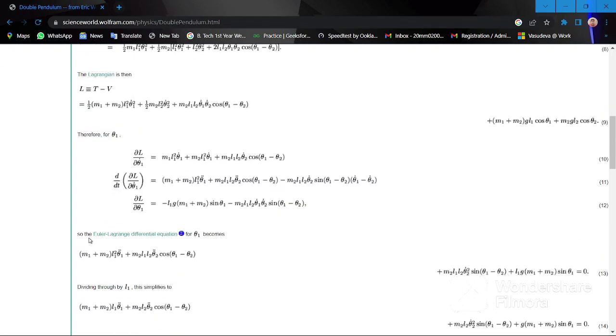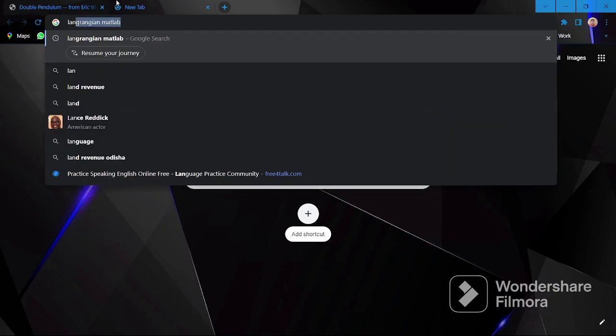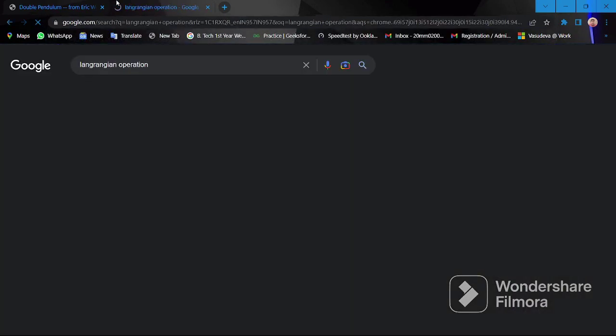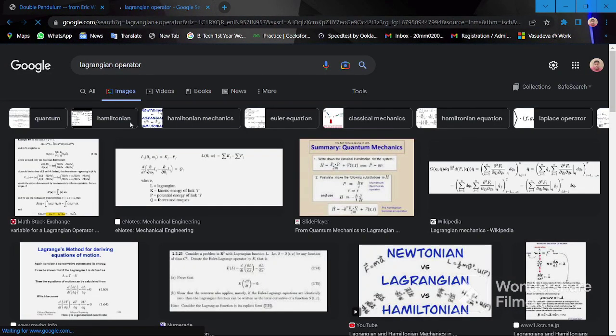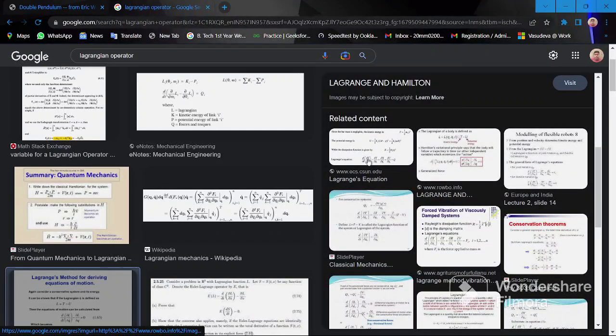The Lagrangian operation is this one: d by dt of dou L by dou q dot minus dou L by dou q equals 0. Here q is nothing but the theta term. The image is not loading properly.